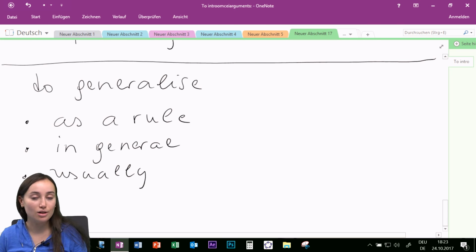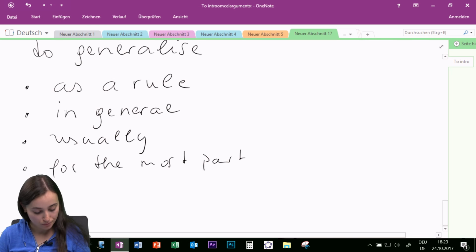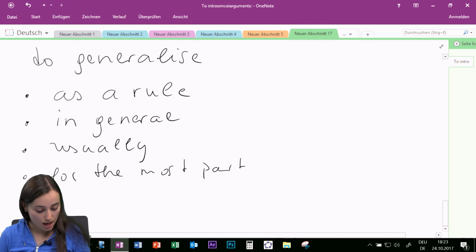For the most part. And in most cases, in allen Fällen, oder fast allen Fällen, in fast allen Fällen.